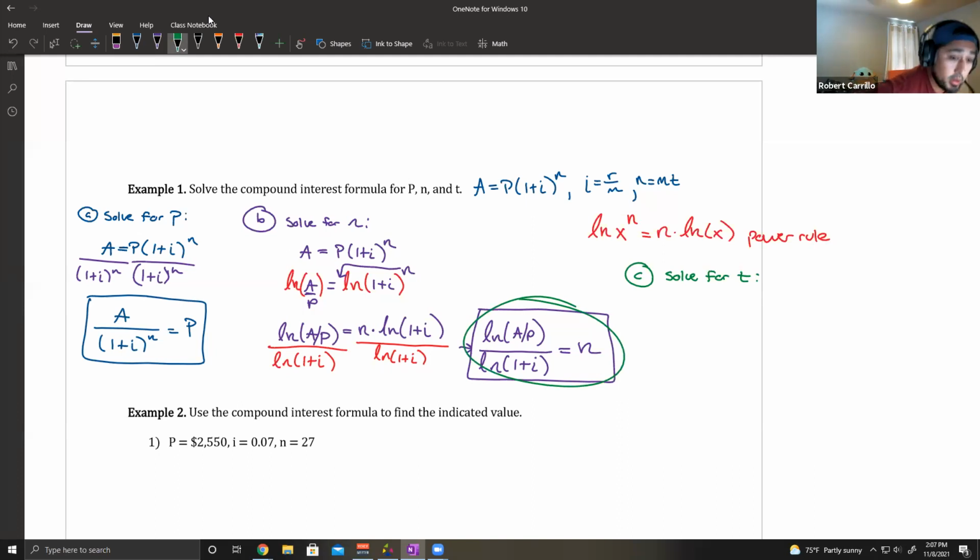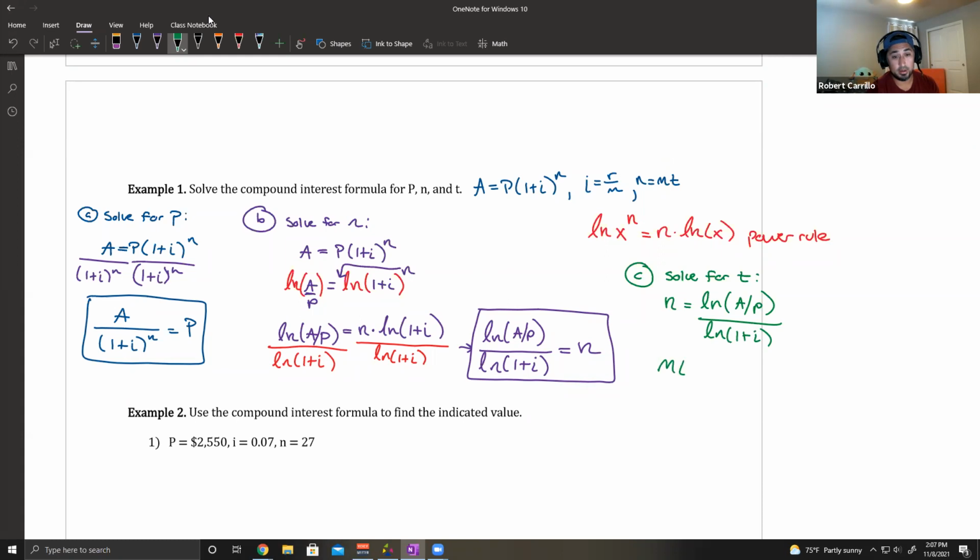We're going to start where we left off on B, because remember, n is equal to mt. So n is equal to the natural log of A over P over the natural log of 1 plus i. But again, remember, n is mt. And you get mt equals the natural log of A over P over the natural log of 1 plus i.